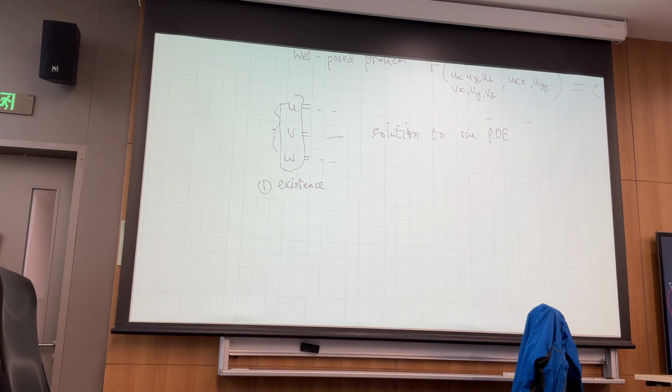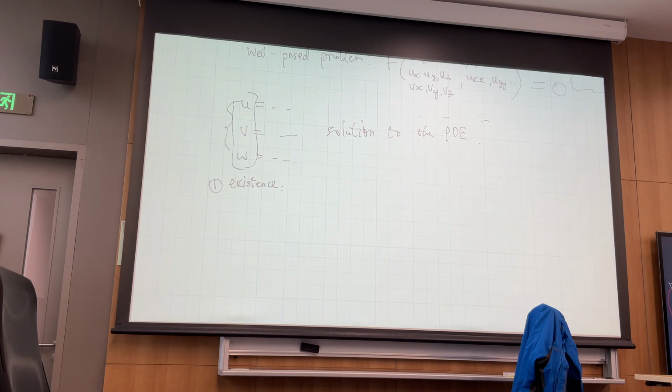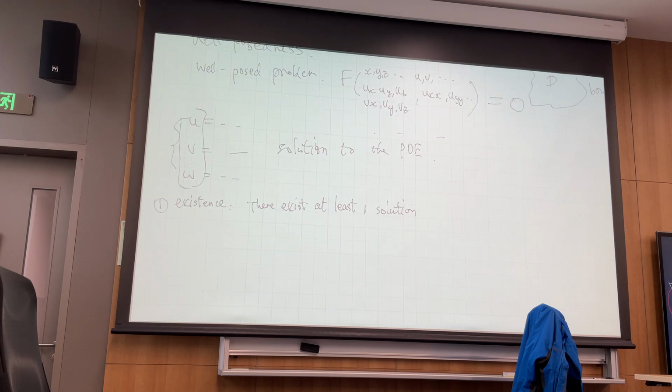Okay? The existence is that there exists at least one solution, which is the UVW. A choice of the UVW, or let's say, to make it a little bit simpler, let's say there only exists one dependent variable, which is U. Okay.